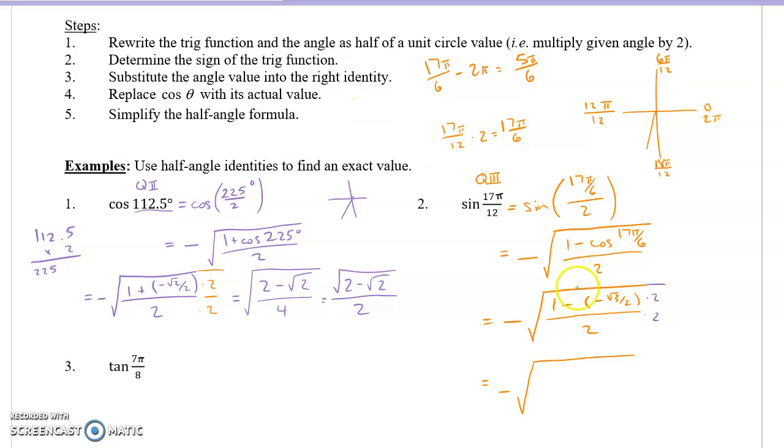So we get 2 in the numerator. Minus a negative is plus. The 2's cancel out, and we get the square root of 3 divided by 4. And the same deal with the square root of 4 in the denominator. We can turn that into a 2. So we get the answer of negative the square root of 2 plus root 3 over 2.